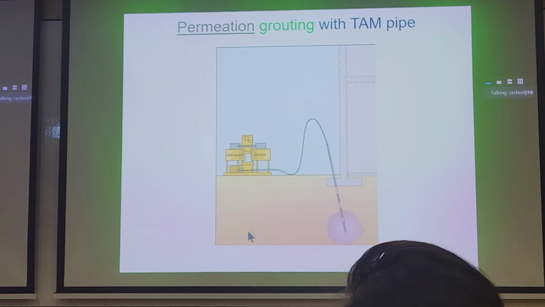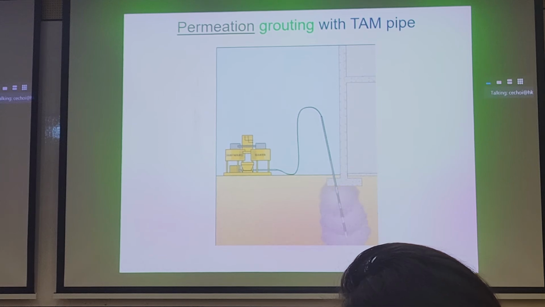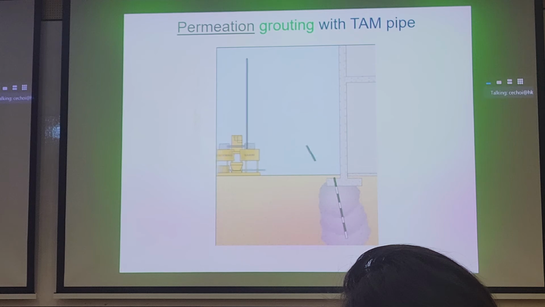And you can see how the TAM pipe has the sleeves here, so you can carry out controlled bulb injection. The reason that they can overlay the bulbs, this permeation grouting, is because, well, I guess the grout hasn't set yet, right? If it's set, then it becomes a hard bulb and you might find it difficult, right?